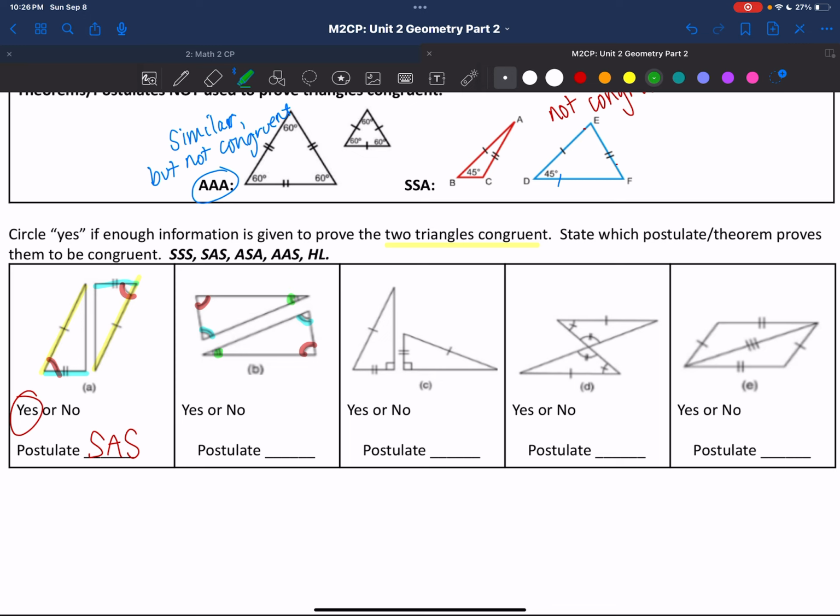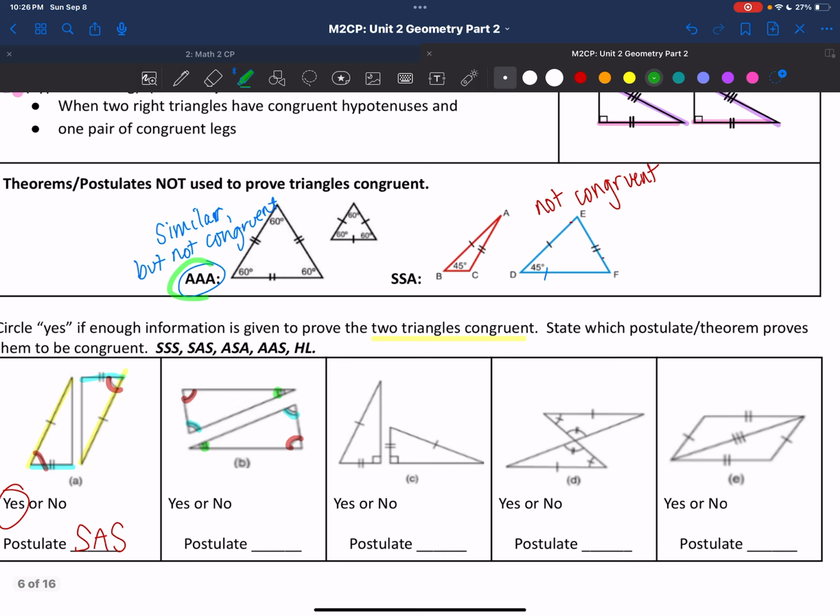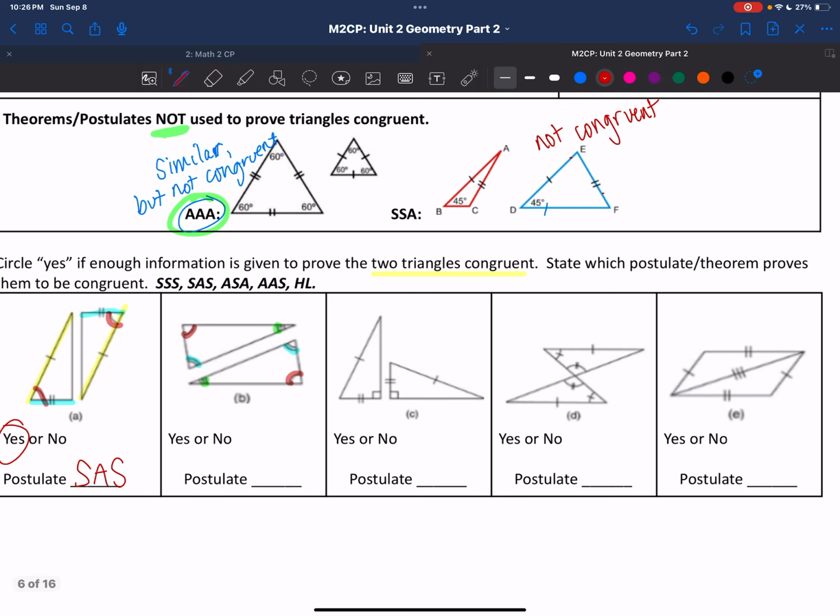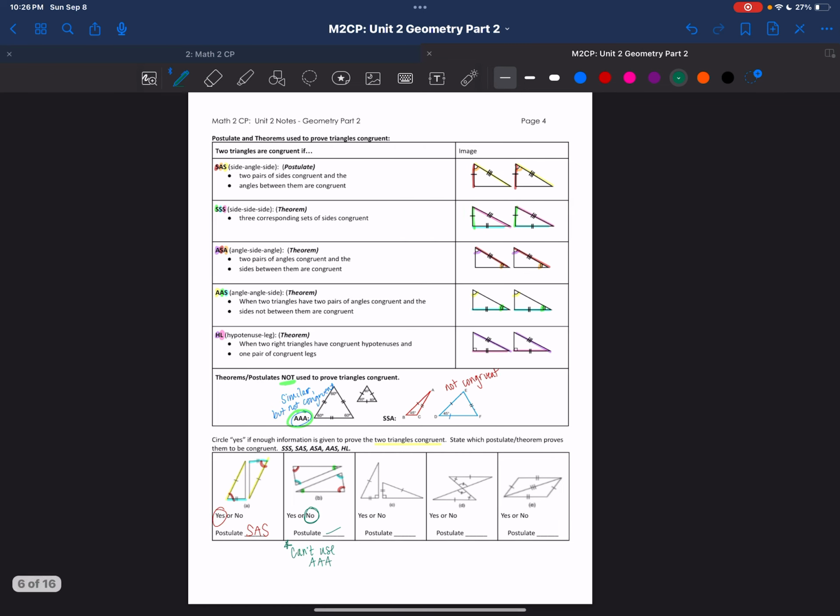So we just said that this is not used. So in this case, the answer would be no, because we can't use angle, angle, angle.